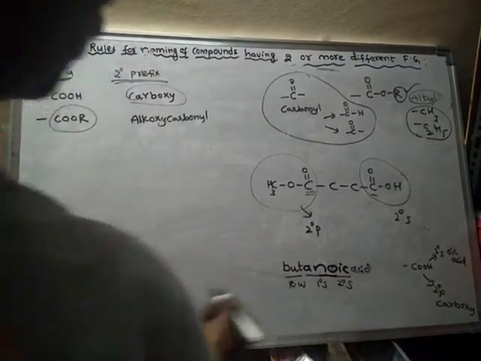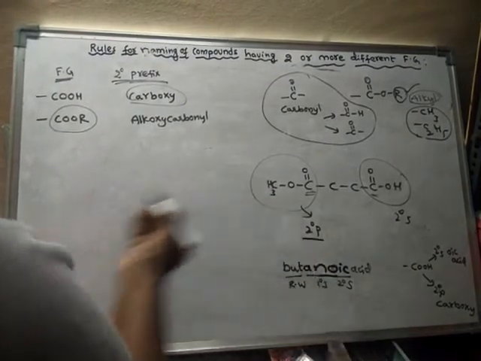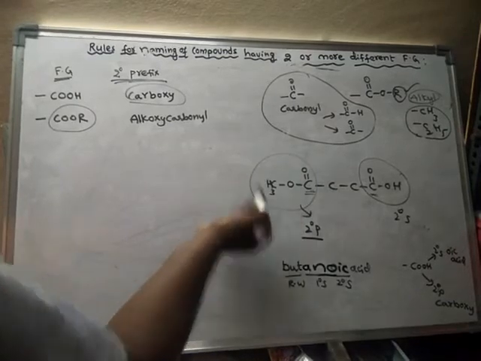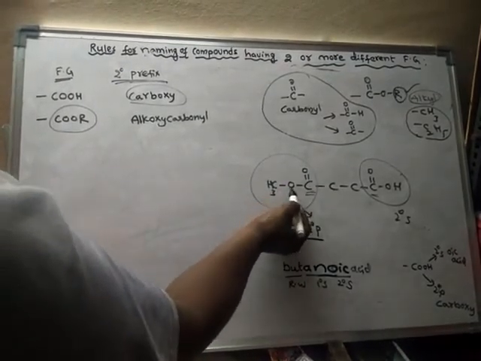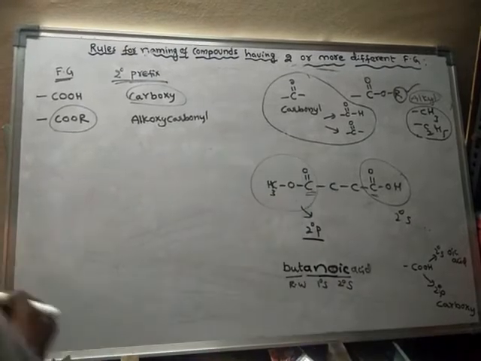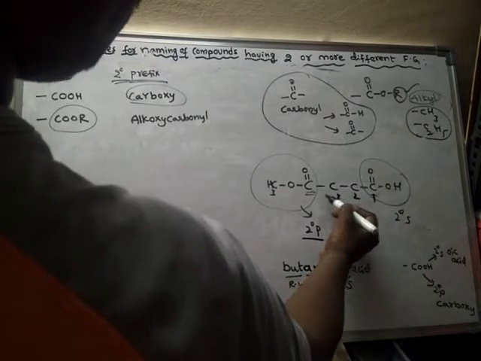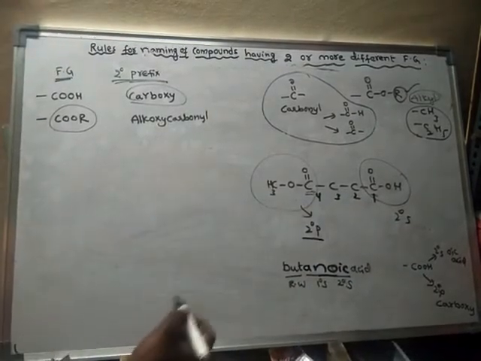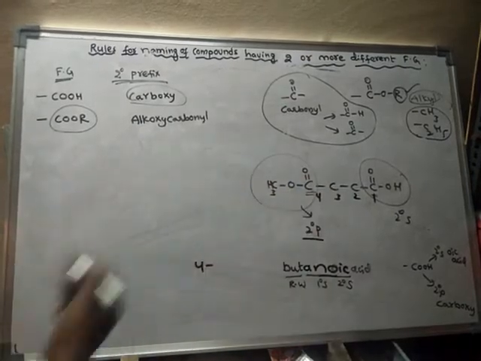And where should this be written? The secondary prefix, the lower priority functional group, is alkoxycarbonyl. So on which carbon? First carbon, second carbon, third carbon, fourth carbon. So on the fourth carbon the ester functional group is present.